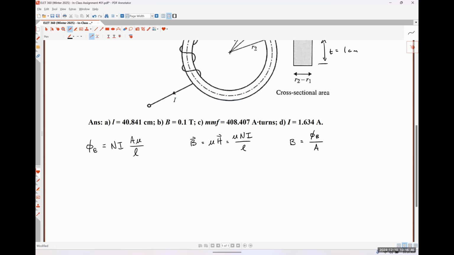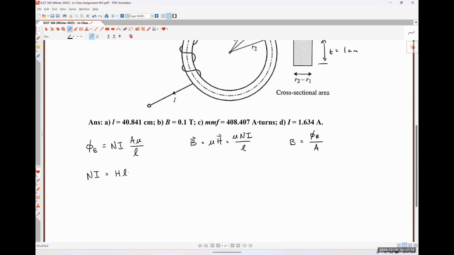Oh, actually, I believe we also learned effectively that N I is equal to H L. Yep, so that's two different ways to express magnetomotive force, MMF. So I believe that's the bulk of the relationships that we learned or developed in class last Thursday, okay?